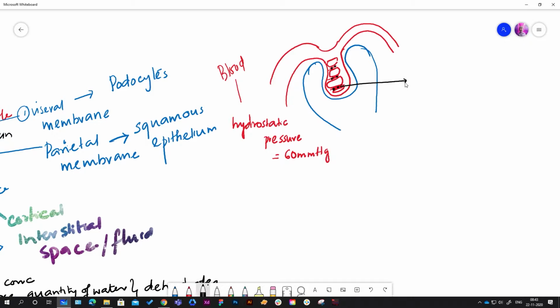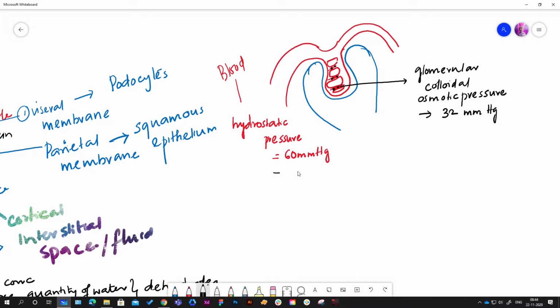They are opposing the flow, so this hydrostatic pressure is opposed by two forces. One is the glomerular colloidal osmotic pressure. This pressure is equal to 32 millimeters of mercury, and it is opposing this.